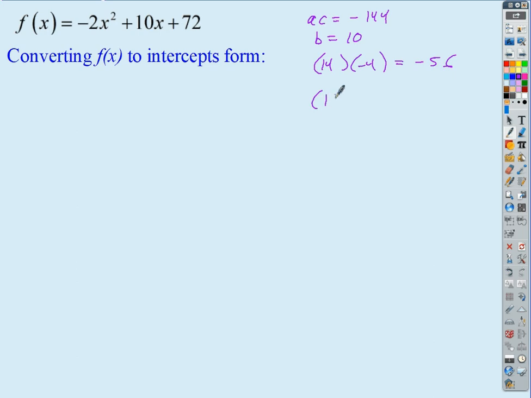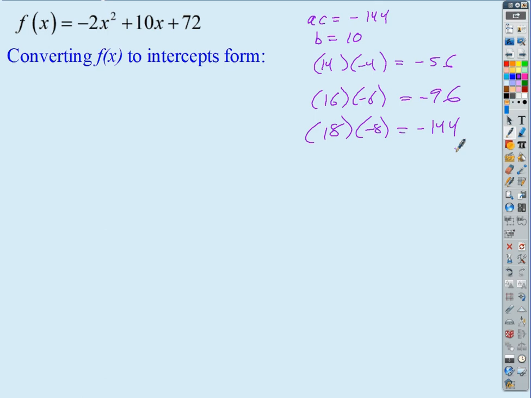So what if we did 16 times negative 6? Well, that's going to give us negative 96. We still have to get bigger. So what if we did 18 times negative 8? That's going to give us, actually that works, doesn't it? I get negative 144, right?